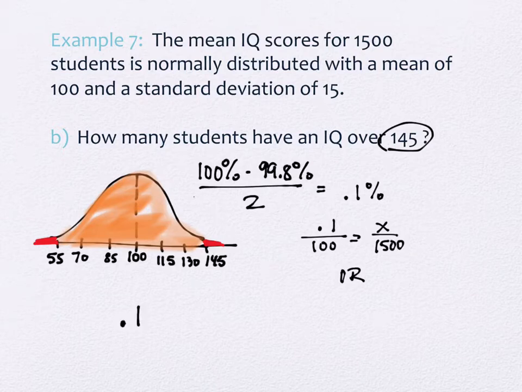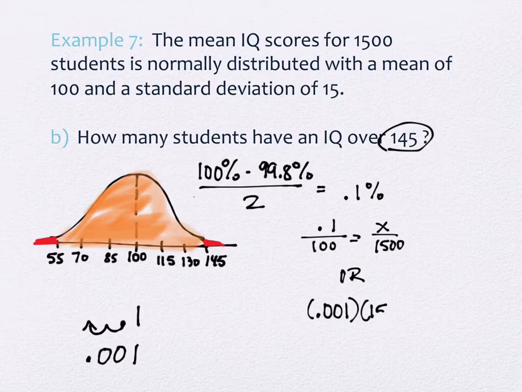I know it's already a decimal, but it is a decimal inside of a percentage. So I have to move the decimal 2 to the left. So it ends up looking like 0.001 in its decimal form. So you can take 0.001 and multiply it by 1,500. Either of those are acceptable ways to find the solution for the number of students.